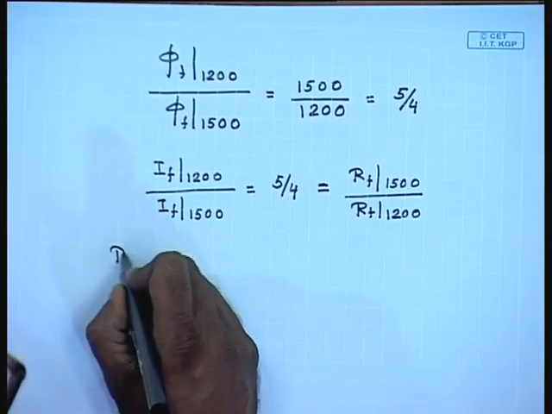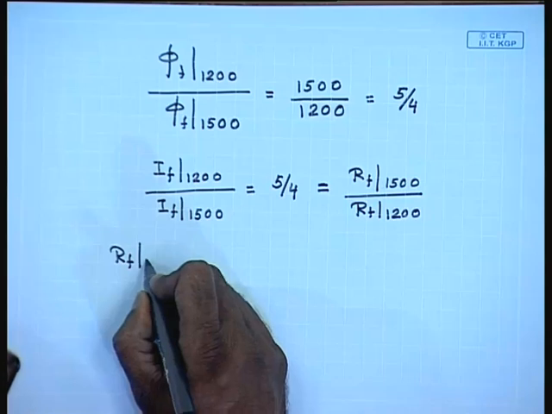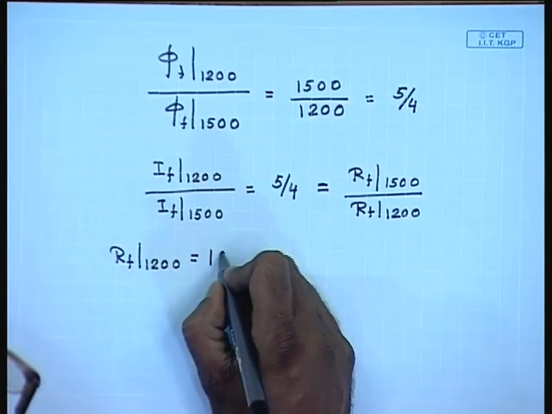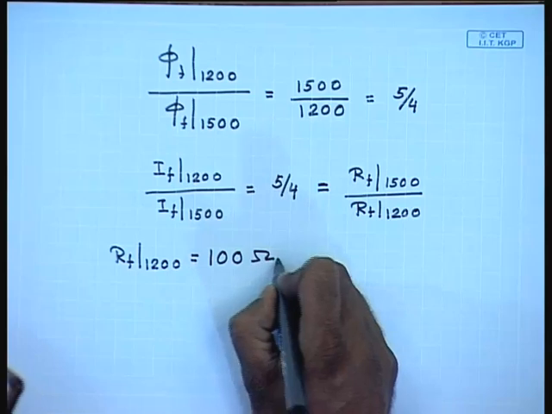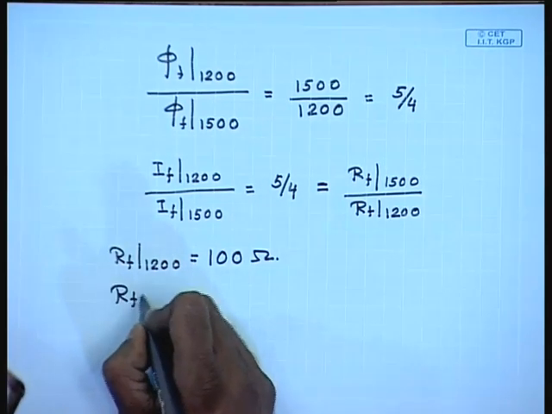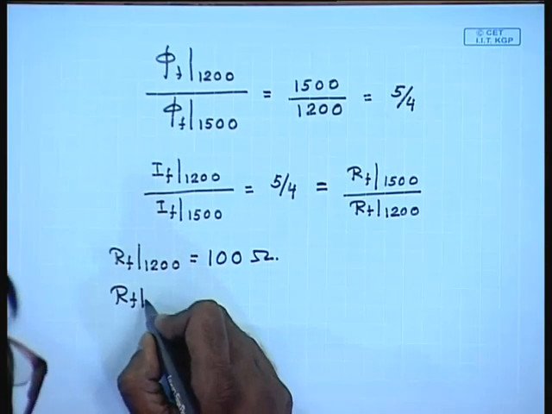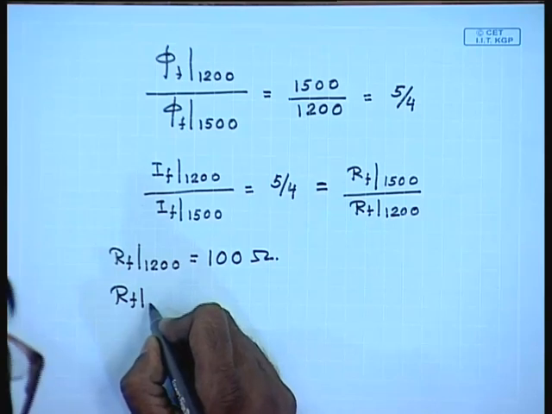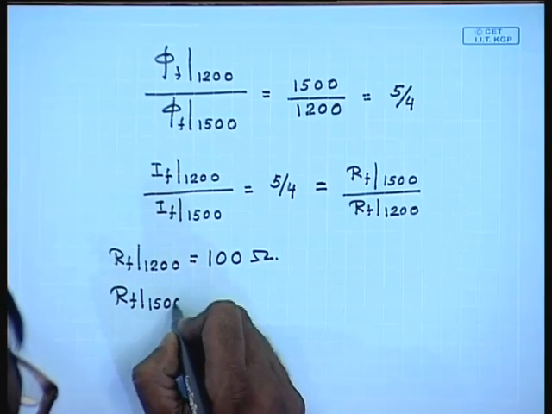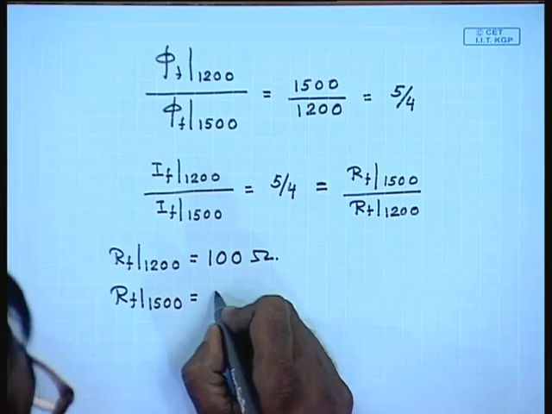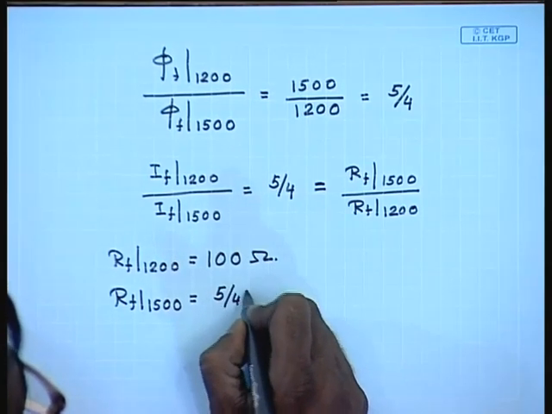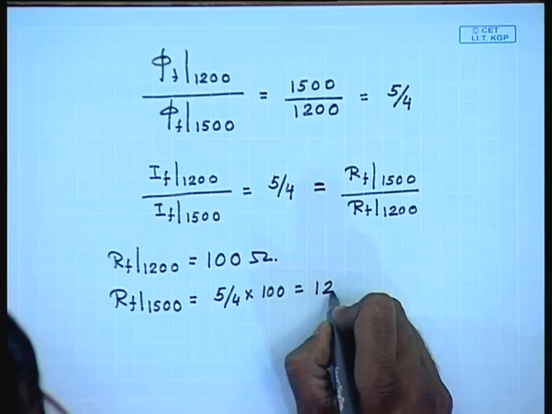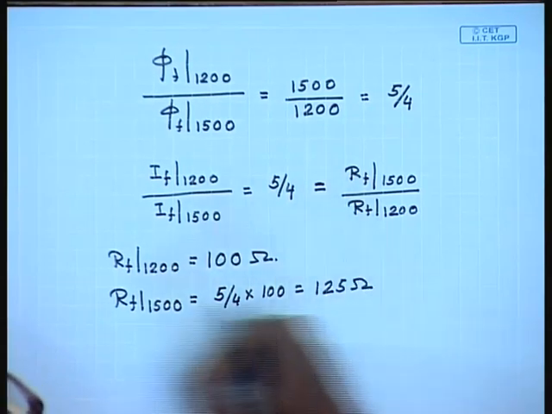So, Rf at 1200 equal to 100 ohm, hence Rf at 1500 rpm should be 5 by 4 into 100 equal to 125 ohm.